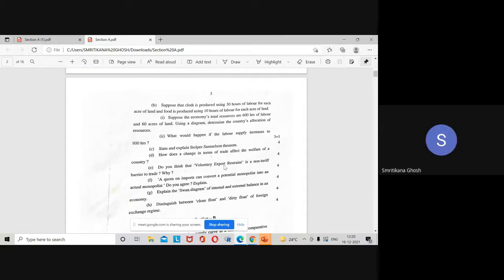Look, 600 hours, 600 labor. Two factors are there also, na? Yes. So in that case, yes, you're right. In that case, a box is better. Box is better. Edgeworth box diagram. Yes, that is better.